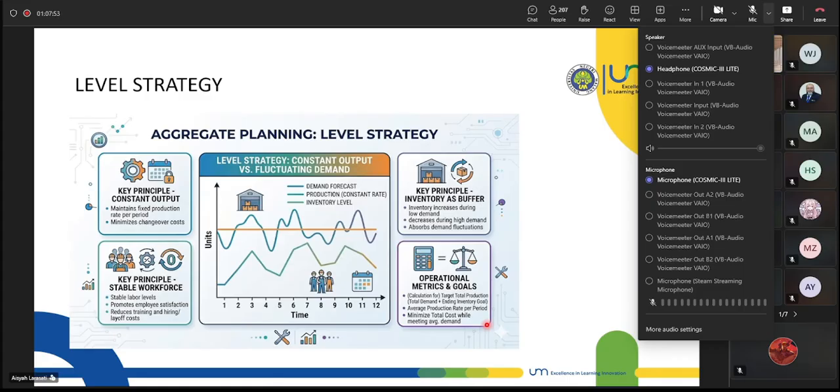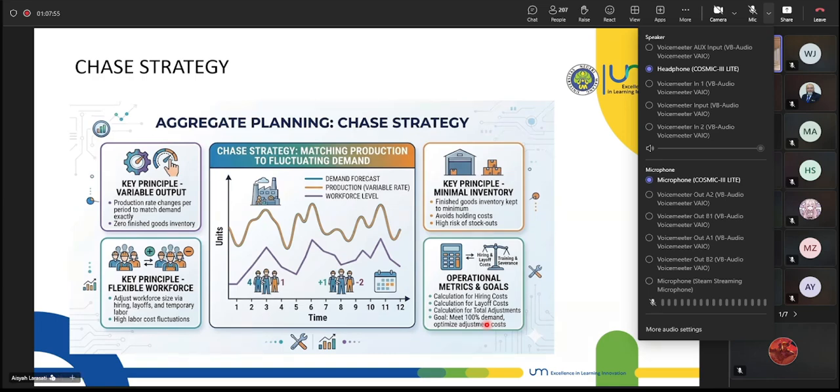And then the second strategy is chasing, from the principle of the name. It means we try to change our production rate to match the demand exactly in each period. So when the demand increases, we also increase our production rate.